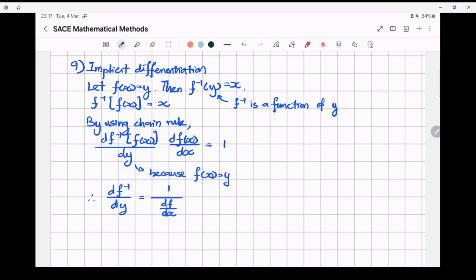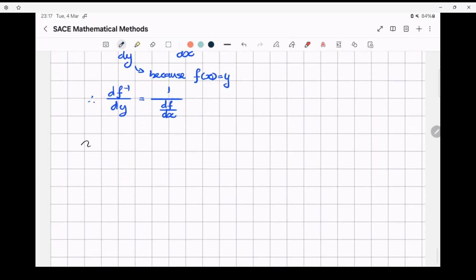Okay, so we can test this particular idea by finding this. So we know that this is the inverse function of y equals e to the x.